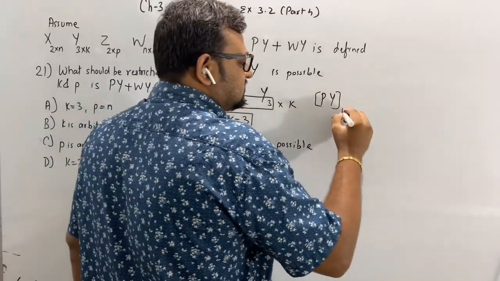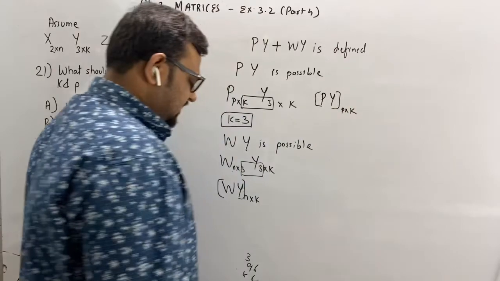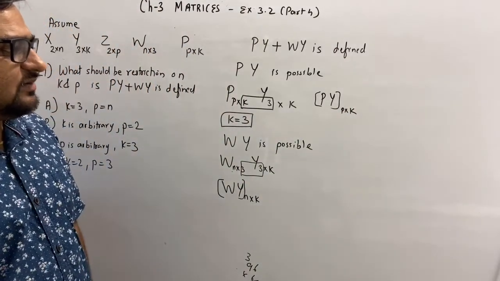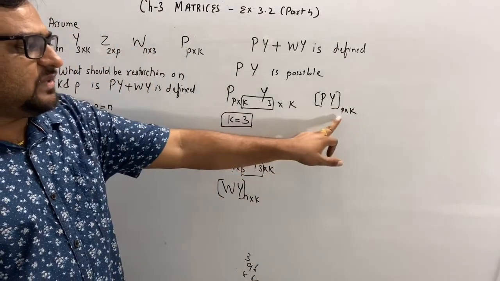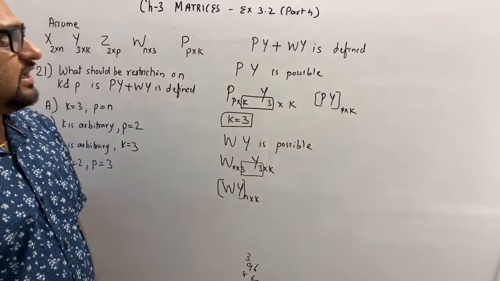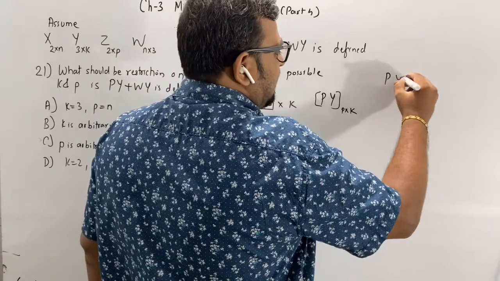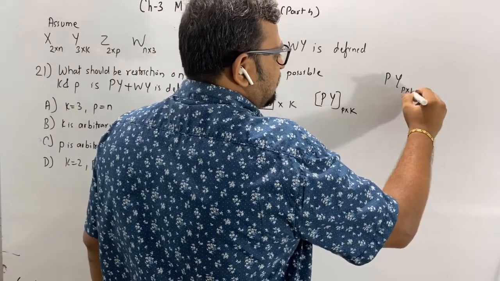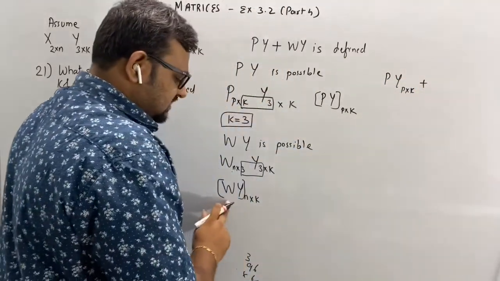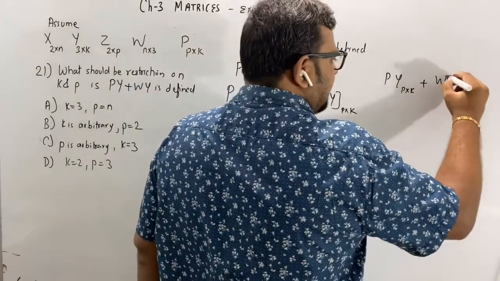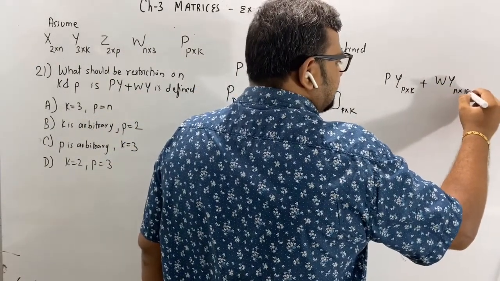P cross k. Okay, the resultant matrix must be P cross k. So, P cross k plus WY, n cross k.